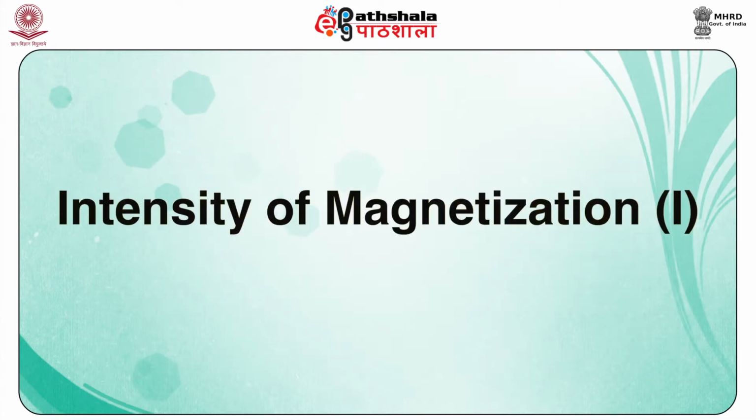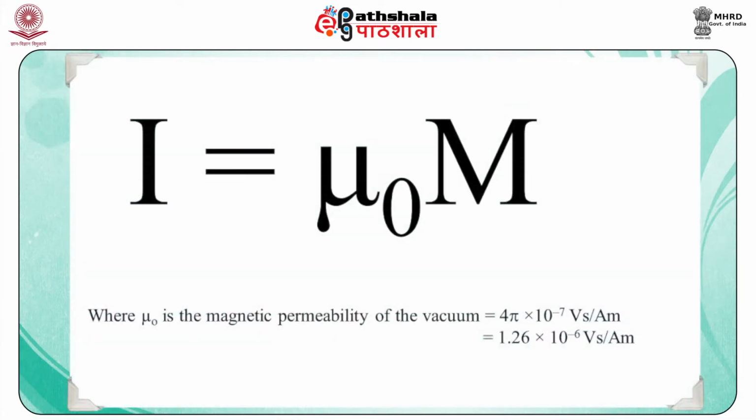Intensity of magnetization: intensity of magnetization or magnetic polarization I is defined as I is equal to mu naught M, where mu naught is the magnetic permeability of the vacuum. I is measured in Teslas.